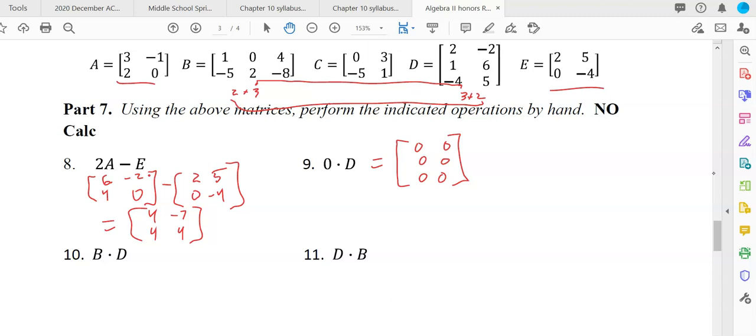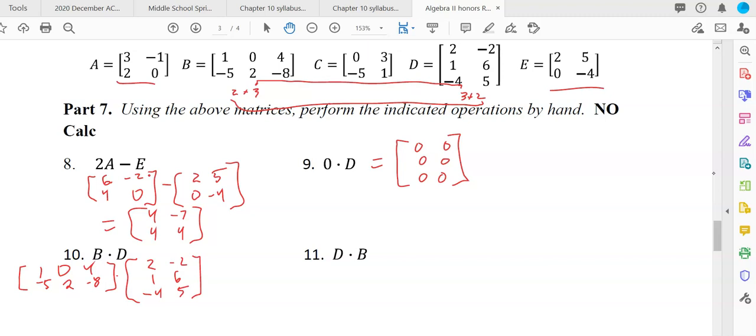So let me write it out so I can see it. 1, 0, 4, negative 5, 2, negative 8 times B, which is 2, negative 2, 1, 6, negative 4, 5.